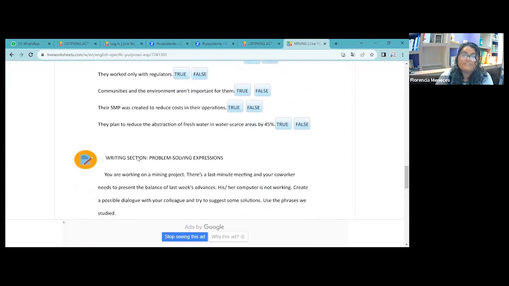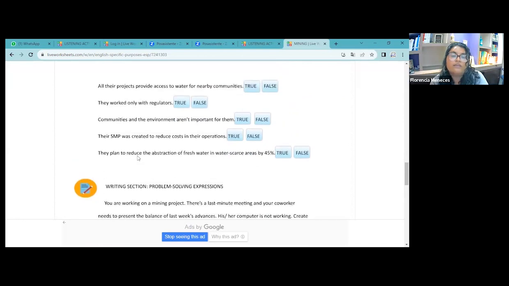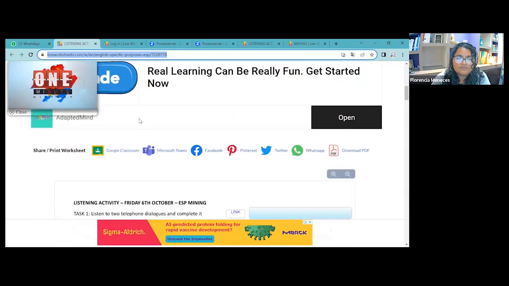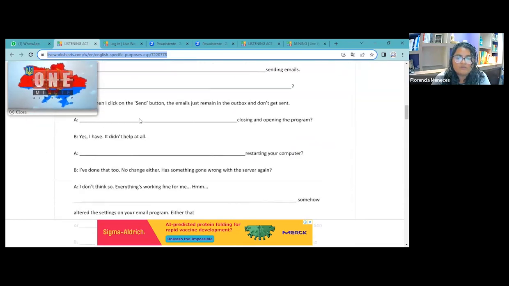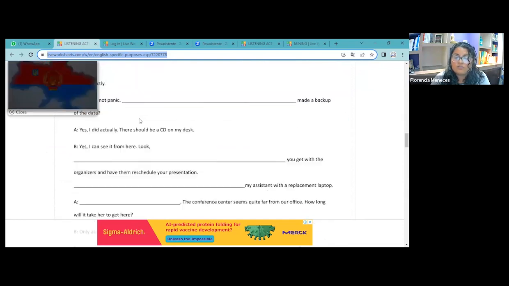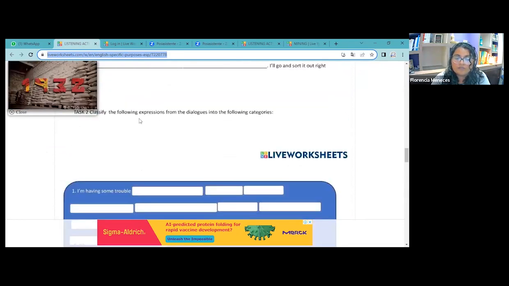For the test next Friday, there are going to be 3 sections: reading, writing, and listening. There's a similar activity to what we did in the previous lessons, where you have to complete maybe a dialogue according to what you listen to.